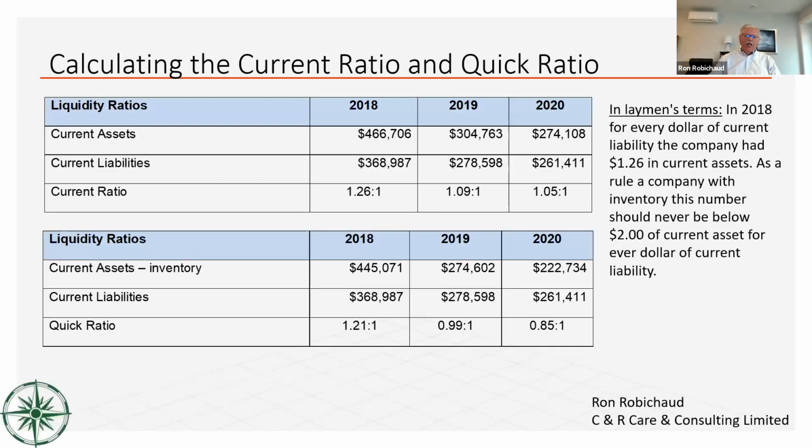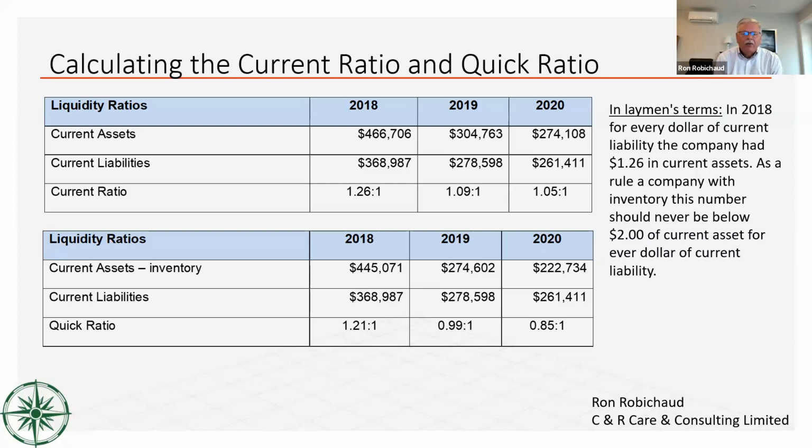All right, so let's take a quick look. And this is an actual company that I worked with. So the current assets in 2018 were 466,000. In 2019, 304, and in 2020, 274. So that's going down. The current liabilities are also going down, 368, 278, and 261.